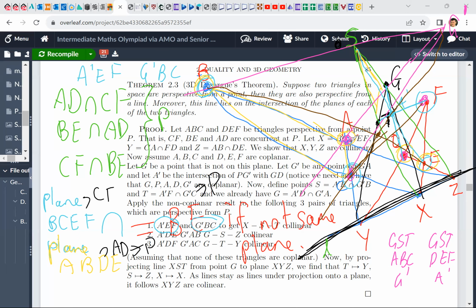It is also outside of the plane of those triangles. So the converse of Desargues for non-coplanar triangles applies.